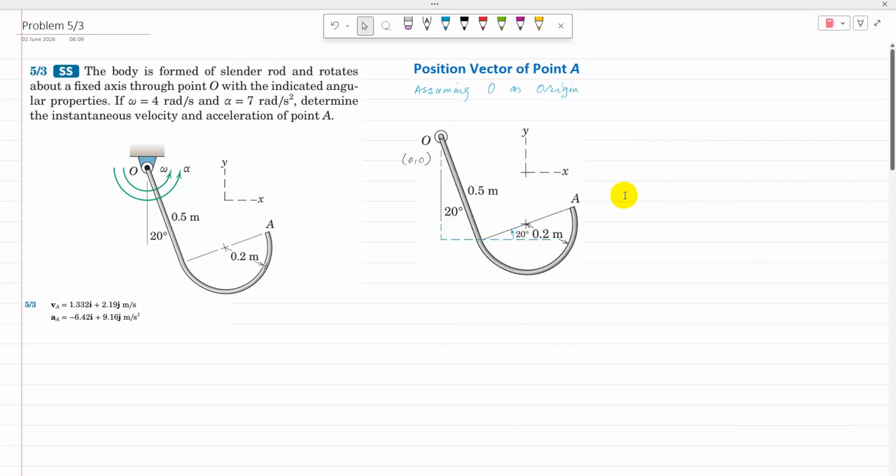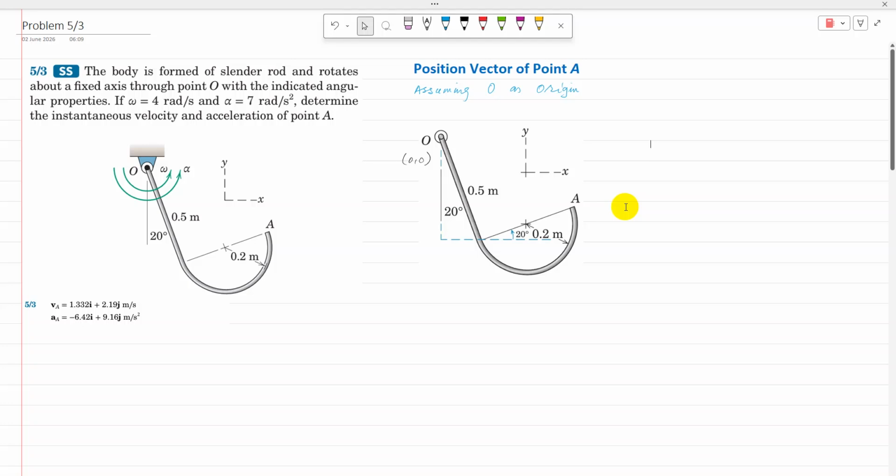To solve this type of problem, first you need to set a coordinate system, but the coordinate system is already given as x and y. So x is positive towards right and y is positive towards up. Then, assuming O as origin, the position vector of A with respect to O is determined.